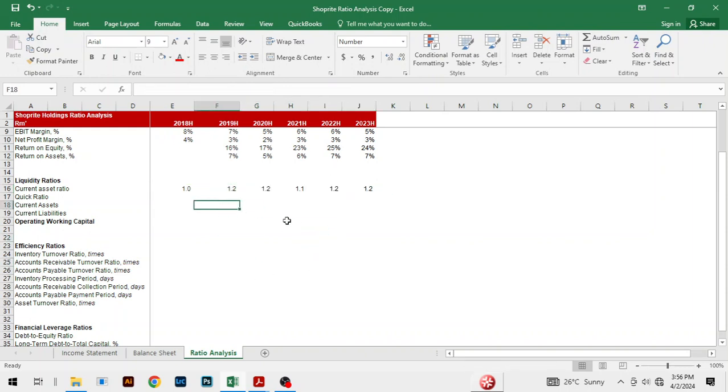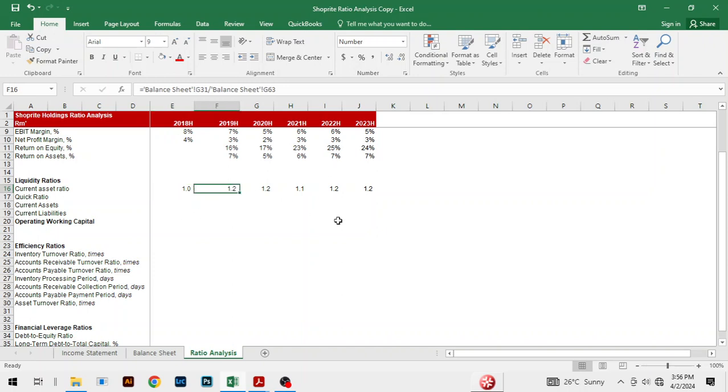So we are saying in 2018 Shoprite had $1 of current assets which it could use to cover $1 of current liabilities.